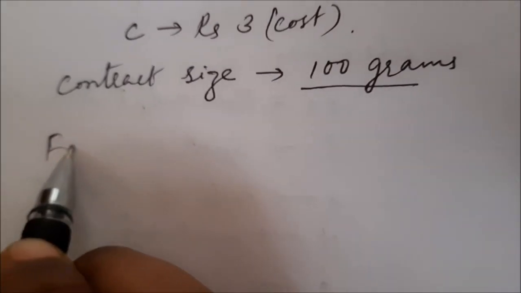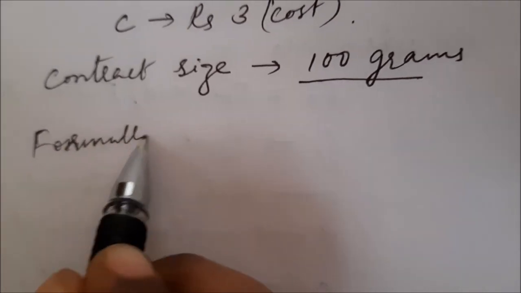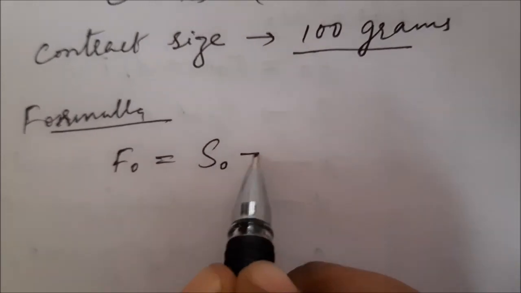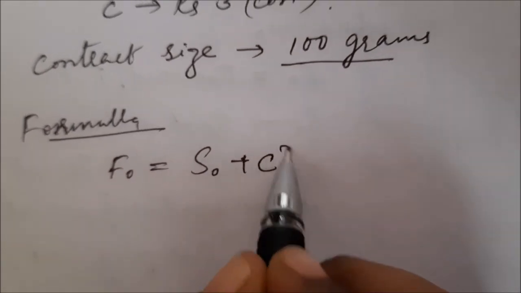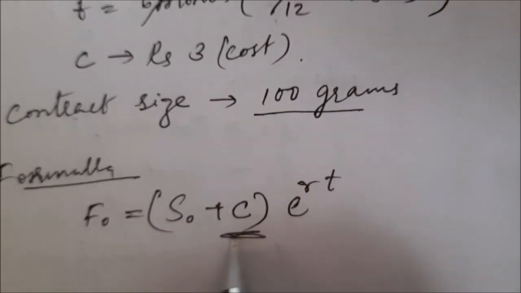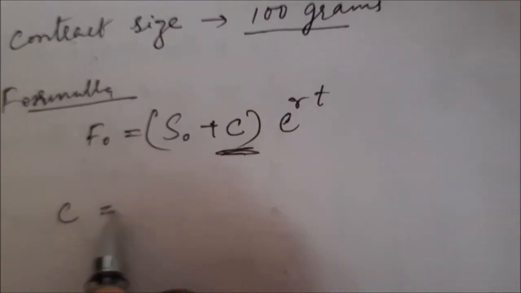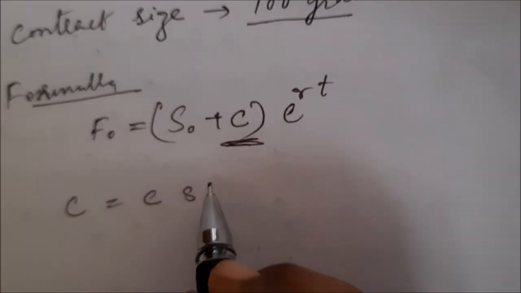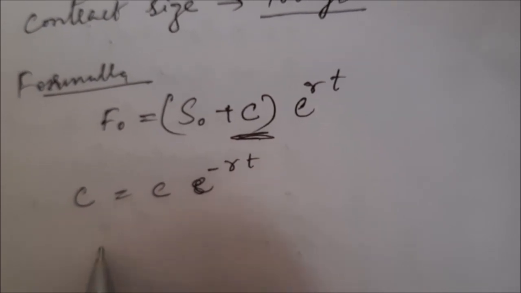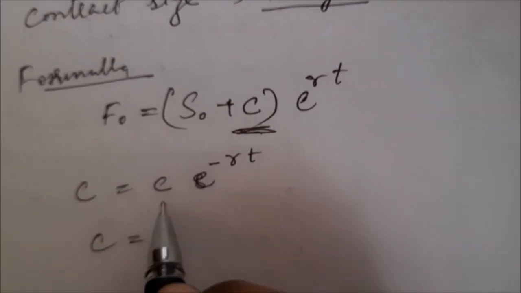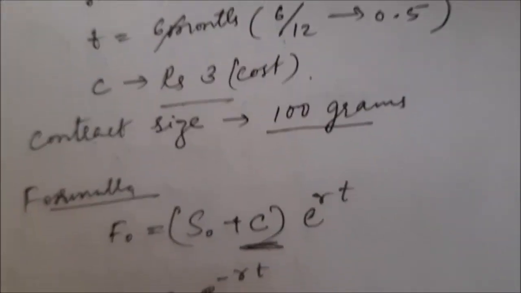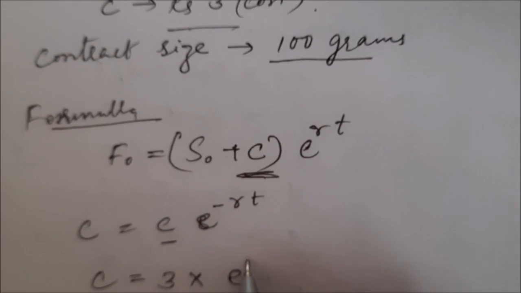Now write down the formula. F naught is equal to S naught plus C into E to the power RT. First of all, we have to calculate the C, cost of carrying. The formula is C is equal to small c into E to the power minus RT. Small c is given in the problem, rupees 3 per gram. We have to calculate the present value of cost of carrying.